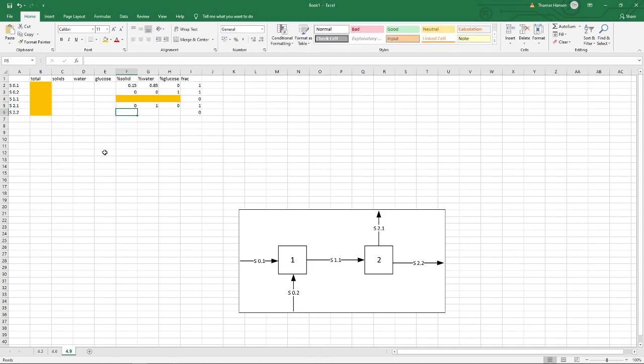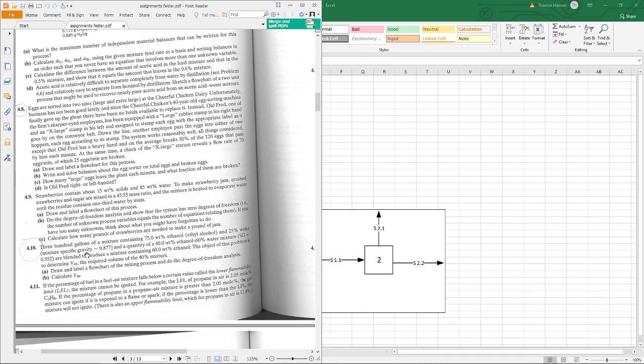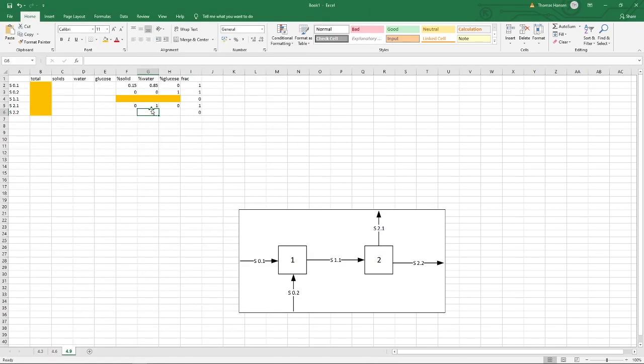And in the final one, how do I want to do that? You could put in that this has to be a third, because we know a third of it has to be water. Wasn't that how they stated it? 1/3 water by mass. So you could put that in here if you wanted.